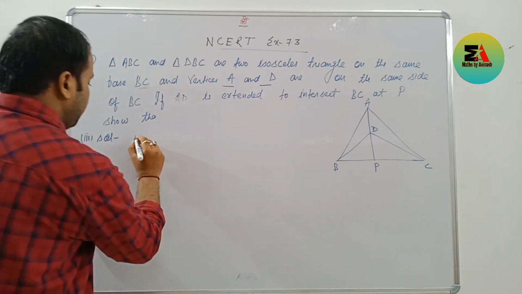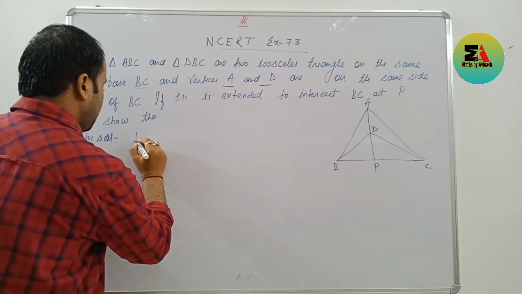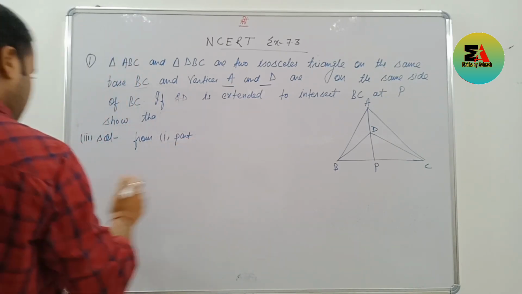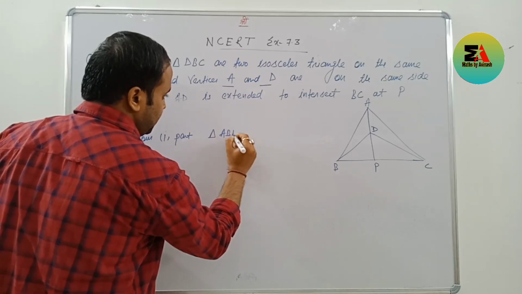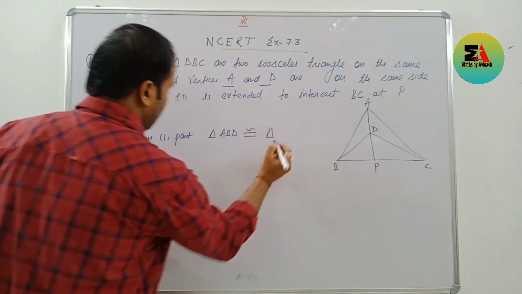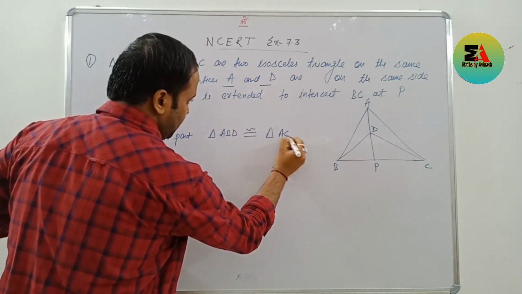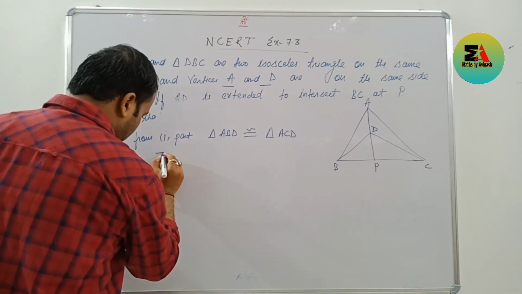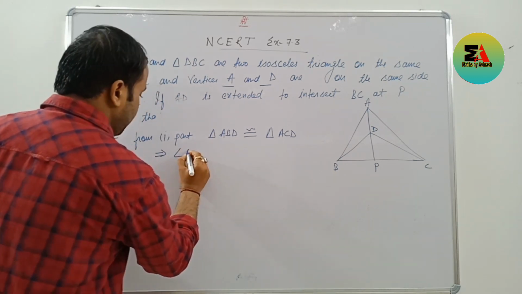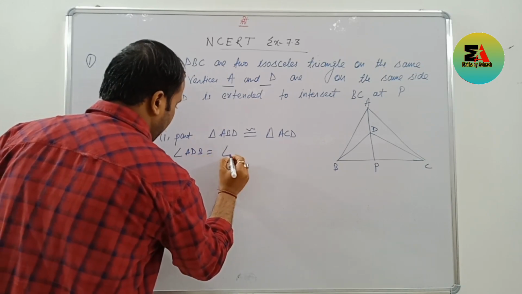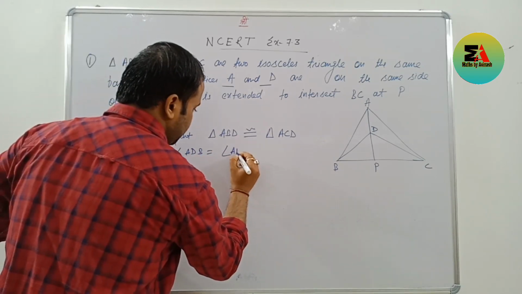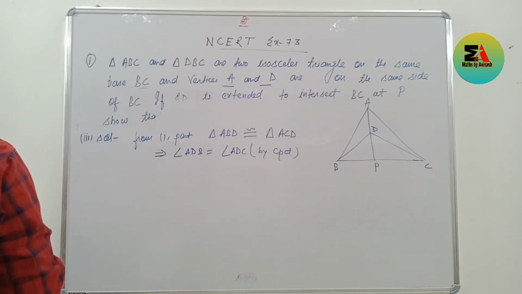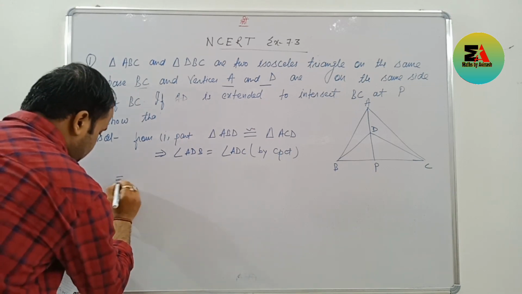In case 3, from our first part, we earlier saw that triangle ABD is congruent to triangle ACD. This is already seen from the first case. When triangles are congruent, then by CPCT angle ADB is equal to angle ADC. Next, see carefully.